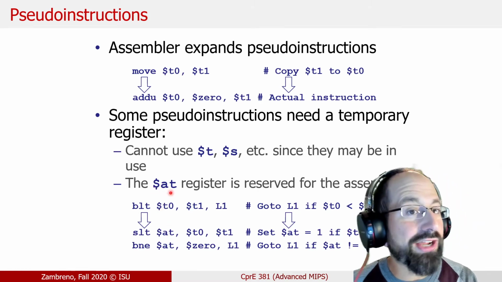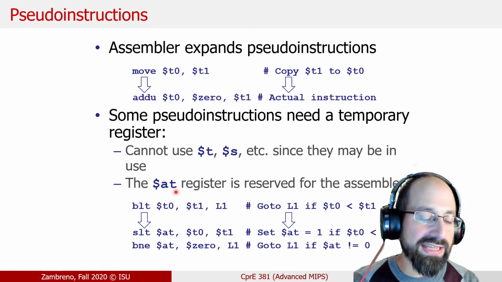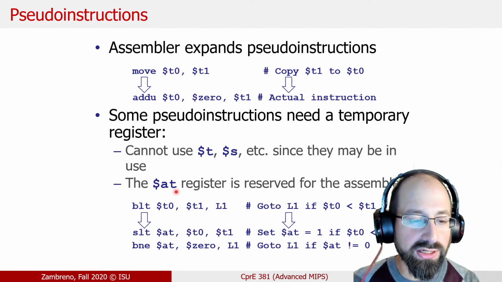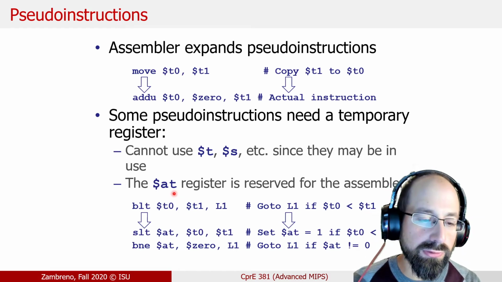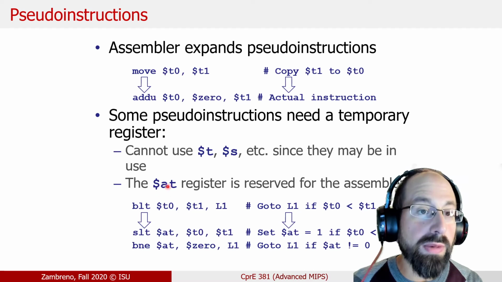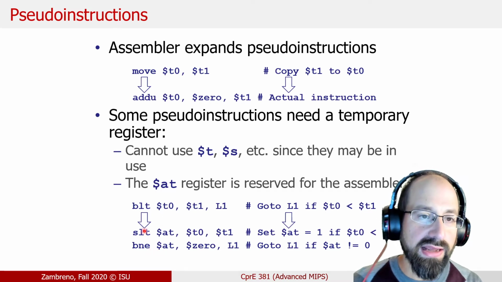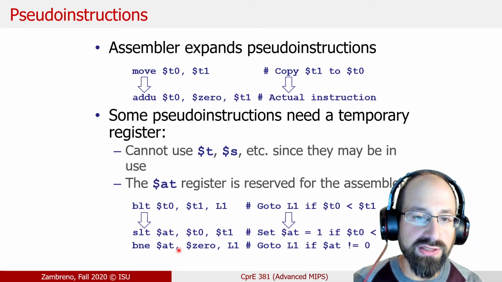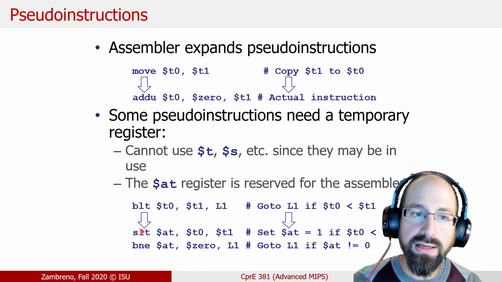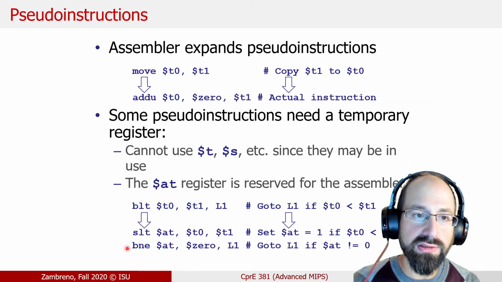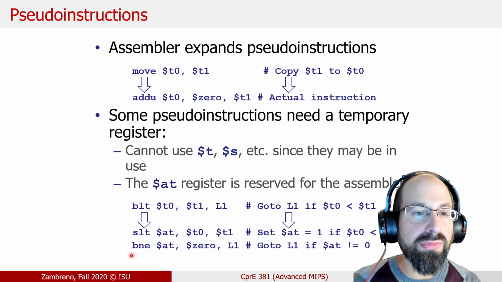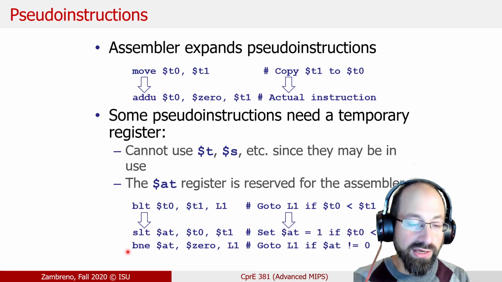There's nothing architecturally that's enforcing this. This is again just, if you're writing assembly code and you're going to connect it to other assembly code that other people wrote, you should be a little careful about your use of the AT register because in fact it could wind up getting obliterated by the assembler itself as it's generating instructions to map from pseudo instructions down to native instructions. And there's a number of examples, and maybe you're already using them and you didn't realize it.